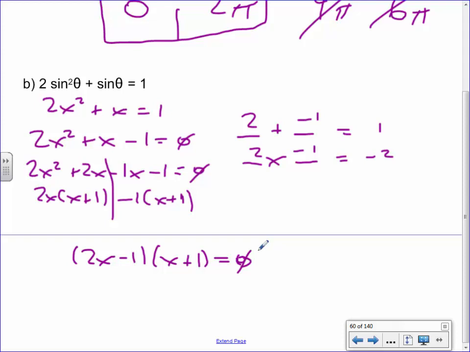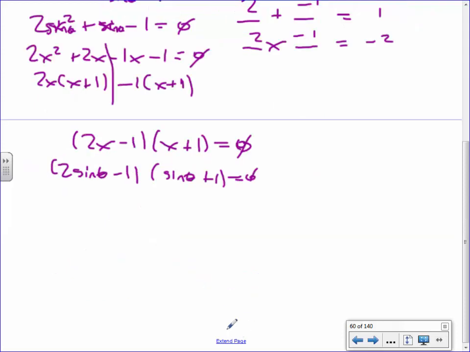So what I really was doing is every time that I had sine theta, I just wrote x. I wrote that because I'm more familiar with working with x's than sine thetas, but really this should have been sine theta, this, this, and this. Now I'm not going to rewrite them all in as sine thetas. I'm just going to go down to the very bottom and do this. I'm going to say it should be 2 sine theta minus 1, and it should be sine theta plus 1 equals 0.